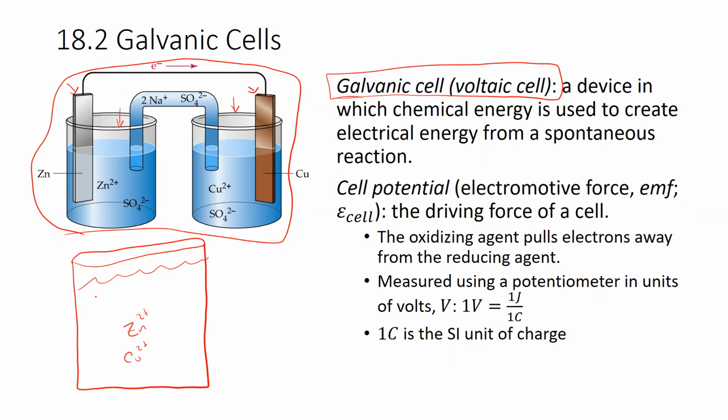If you were to then take and put in a piece of zinc metal, zinc solid, and drop in a piece of copper metal, you could get a reaction to occur.